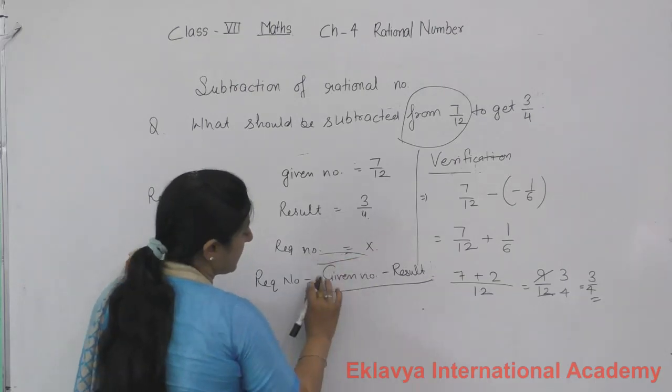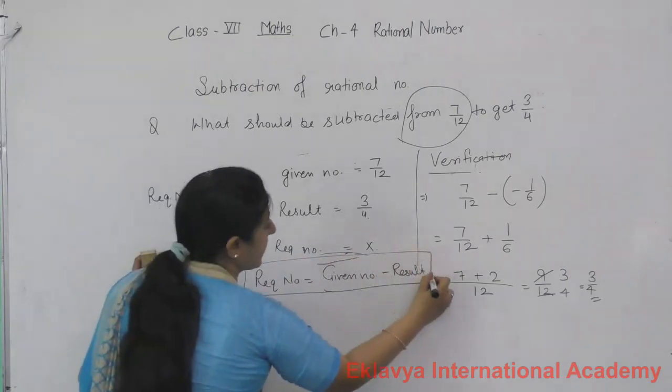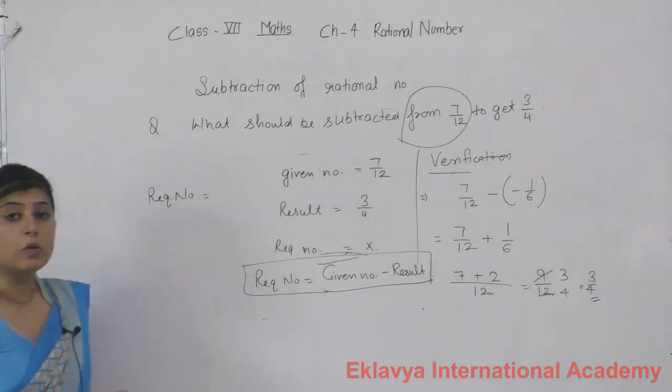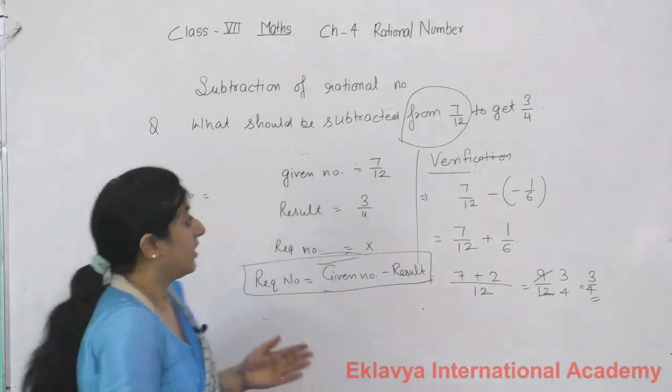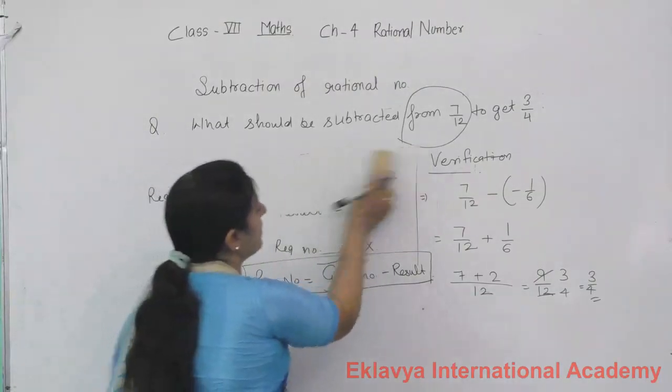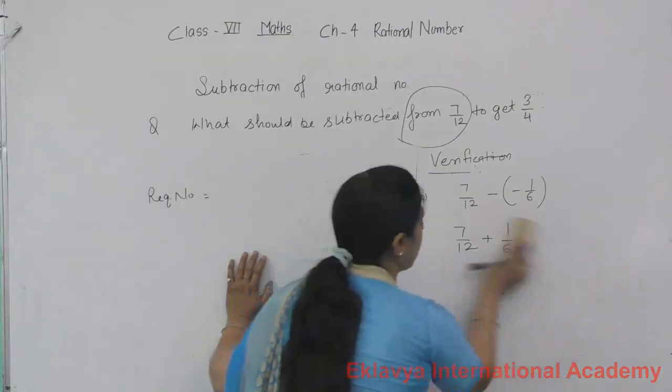In this case, our formula becomes required number is equal to given number minus result. We can take another example to solve it directly by the formula.